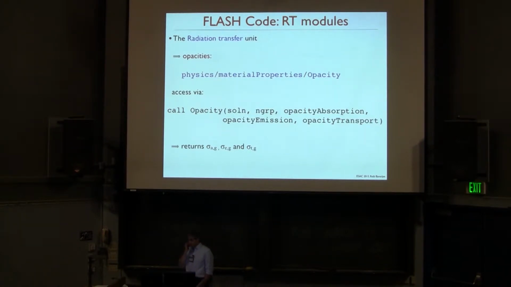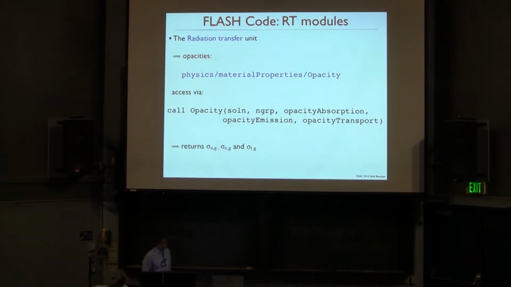And of course, what you also need for this, and here all the physics gets in, you have to provide the opacities for your problem. You call the opacities with a simple call.